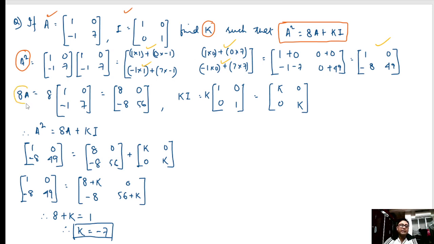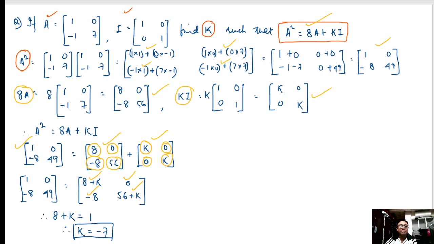Now we will do 8A. That means all the elements of A multiplied with 8, we get this. Now we will do Ki. That means all the elements of the identity matrix get multiplied with k, we will get this. And now we put it in this equation, that is A square equal to 8A plus Ki. Now we will add these two matrices. So 8 plus k, 0 plus 0, minus 8 plus 0, and 56 plus k.